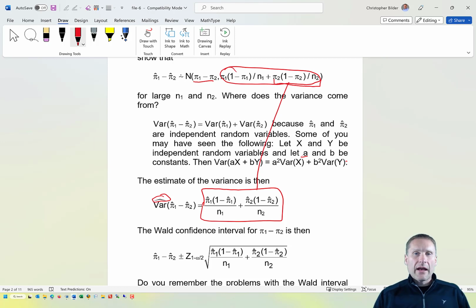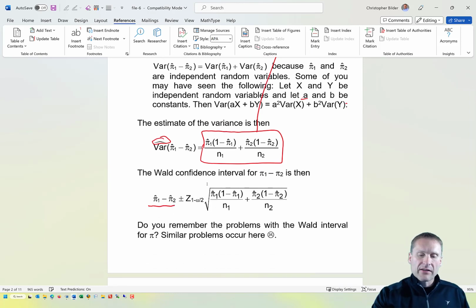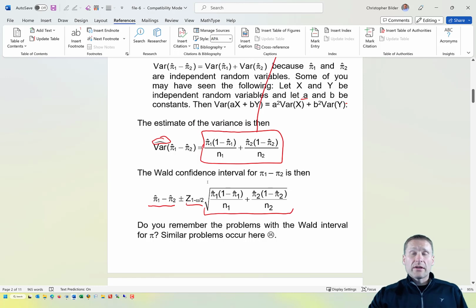So now that we have this, we can form a Wald confidence interval similar to how we did for pi alone. We take the estimate plus or minus a quantile from the standard normal distribution times the square root of that estimated variance. And that's our Wald interval.